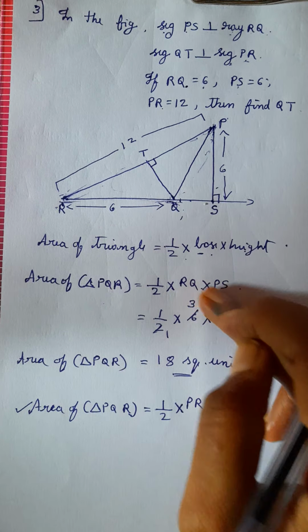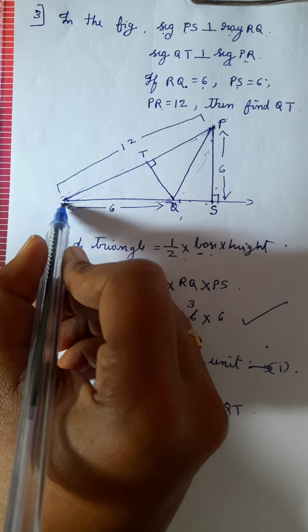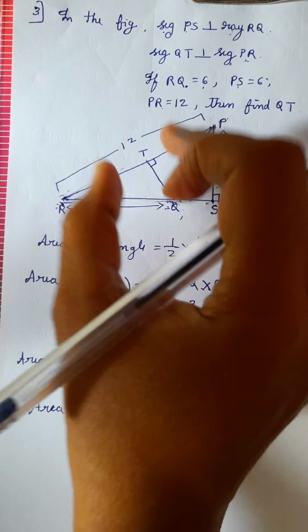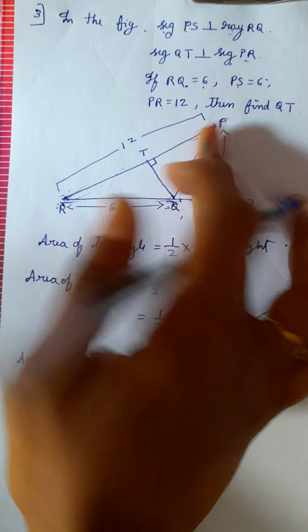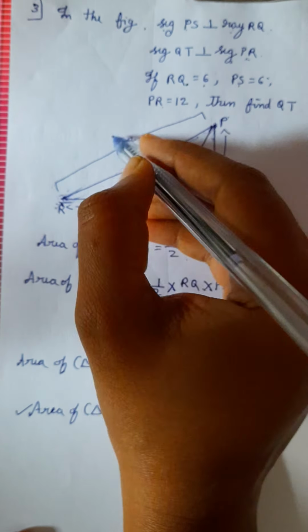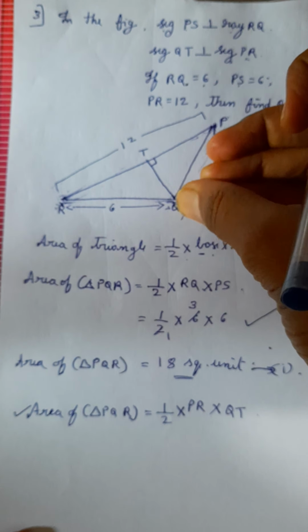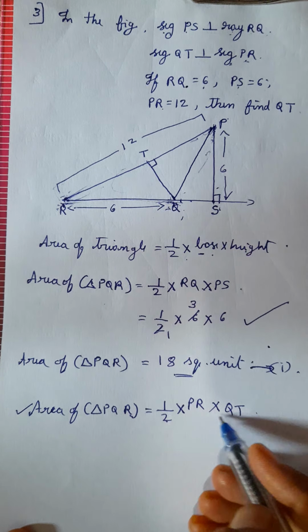In the first part, base taken as RQ, so height will be PS. Now in the same triangle PQR, I am considering PR as base. Then if this is the base, this will be the height. So half into base PR and height QT.